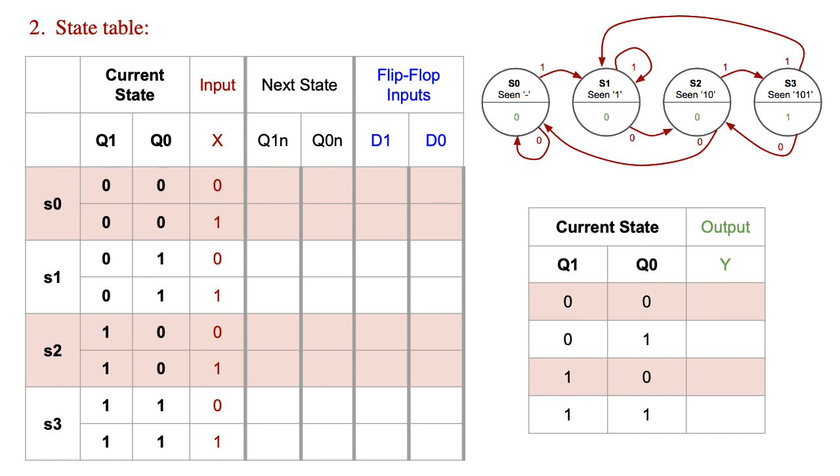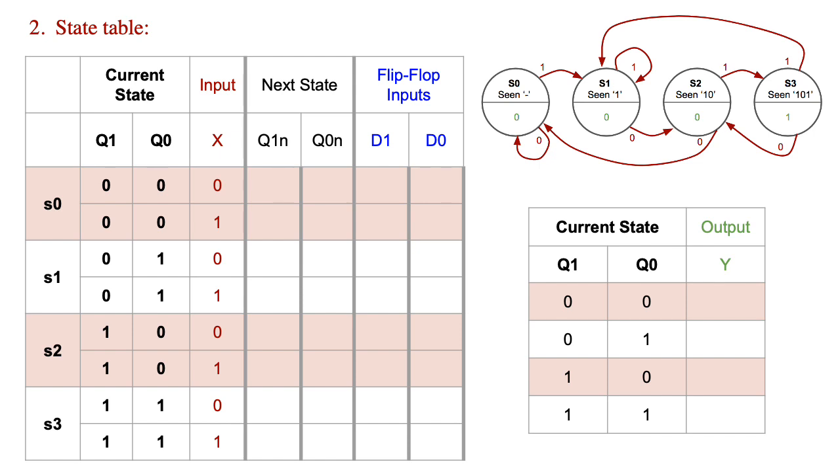Using that formula, we can tell that we only need 2 flip-flops to implement the design. So I will name these flip-flops flip-flop 1 and flip-flop 0. For flip-flop number 1, the output of it is Q1. The second flip-flop, the output of it is going to be Q0.